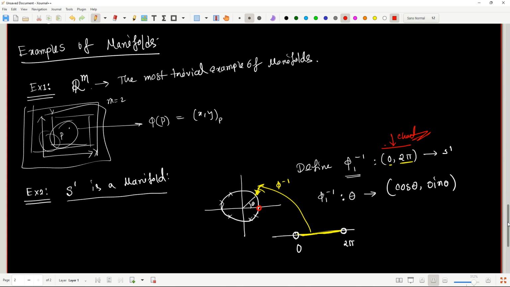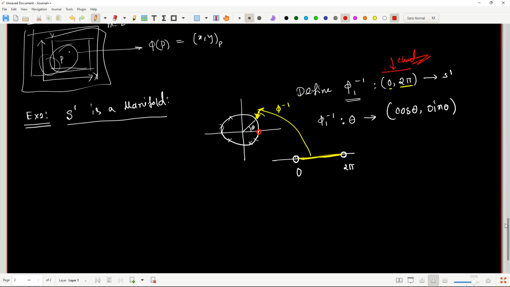So now we take another chart defined as, let's say, phi 2 inverse 1. Again, it takes some theta and maps it to cosine theta, sine theta. However, now phi 2 inverse 1 takes elements from minus pi to pi.